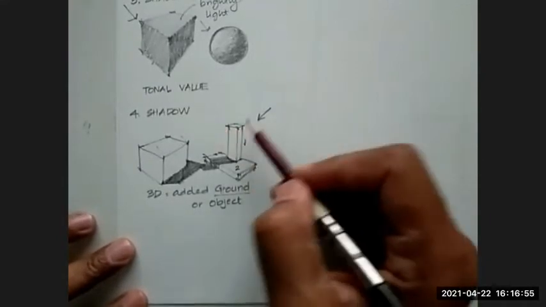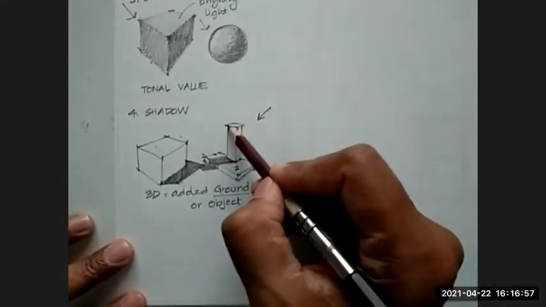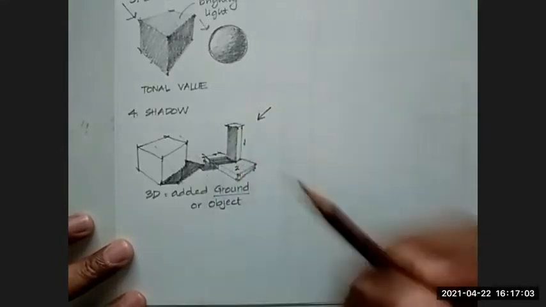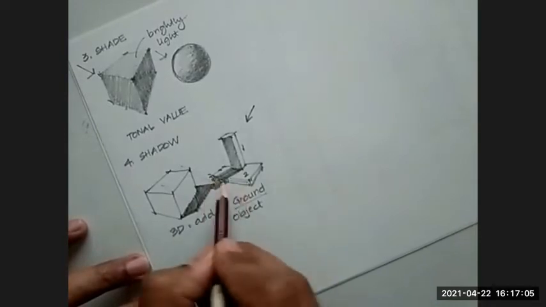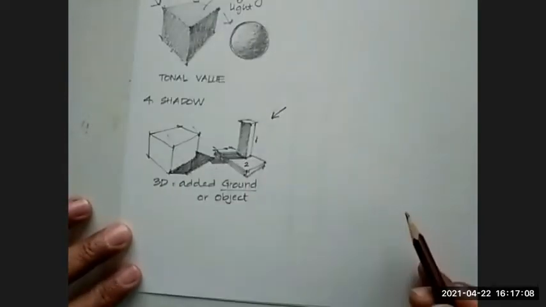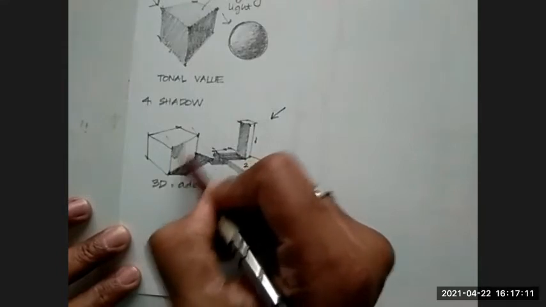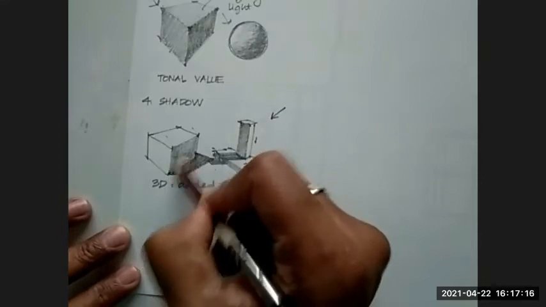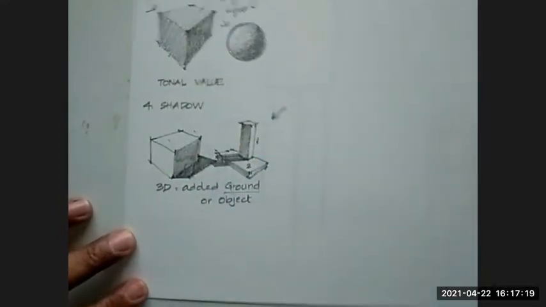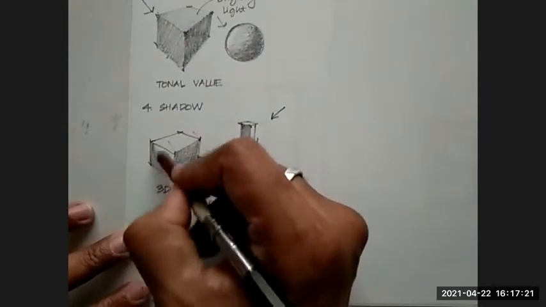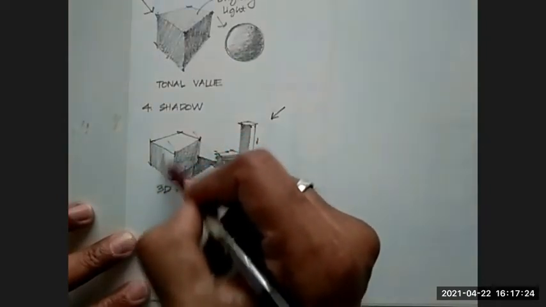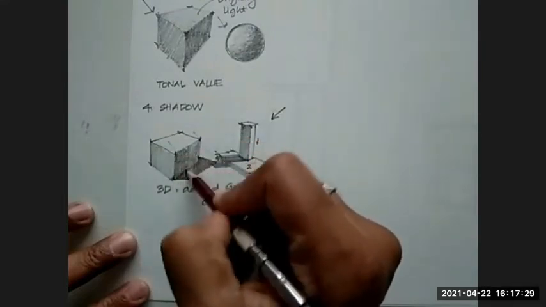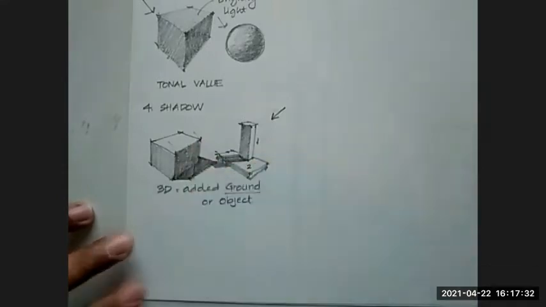Let us say I'm also now adding the shadow, shade, and you will see that the 3D-ness increases more. When you add shade to even only one single surface, even then you will see higher depth coming in. If I add it here also, a lighter tonal value, you can see higher depth.